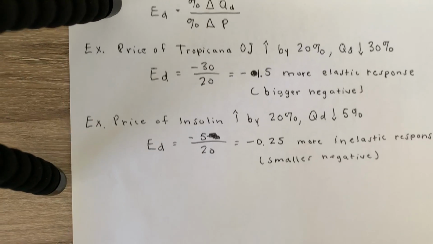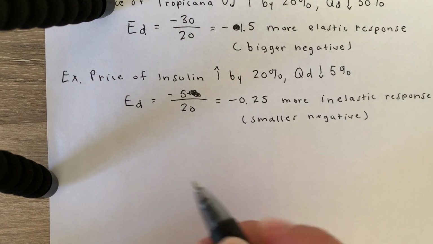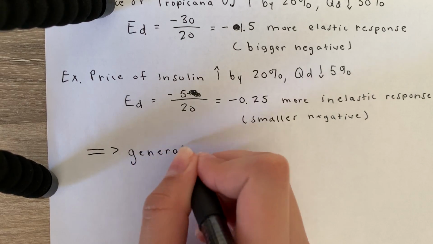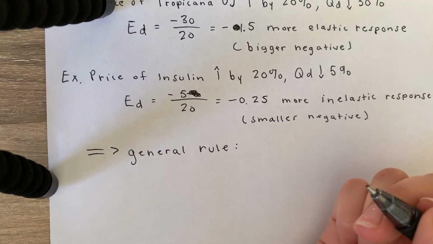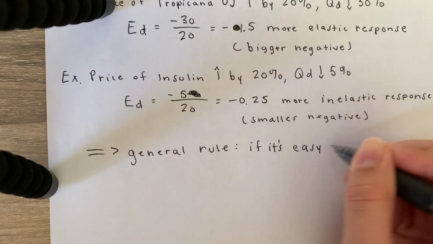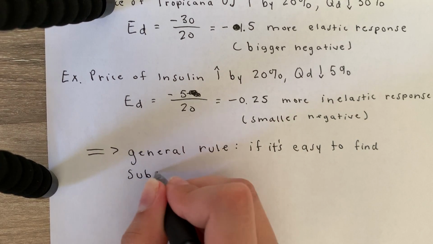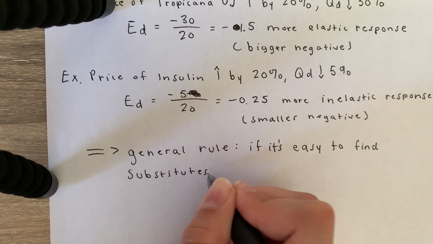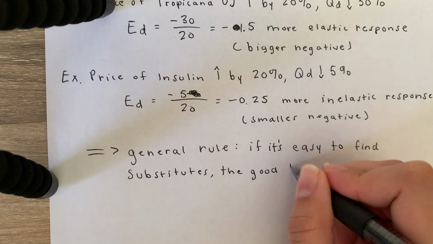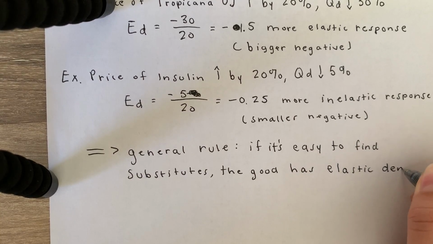So there's a general rule that will help you, which will tie into the examples that we just did. The general rule basically is if it's easy to find substitutes, the good has elastic demand.